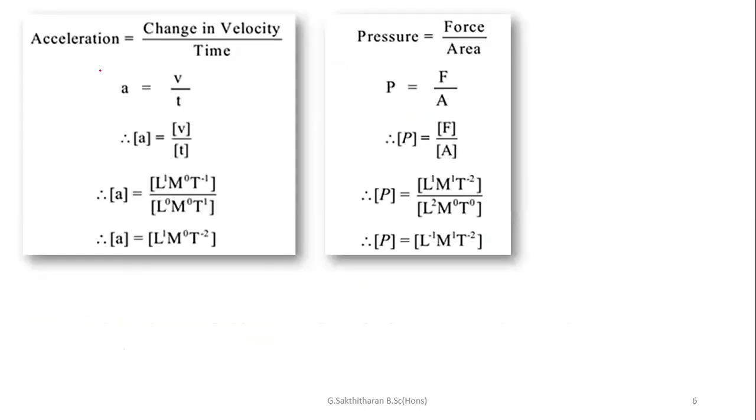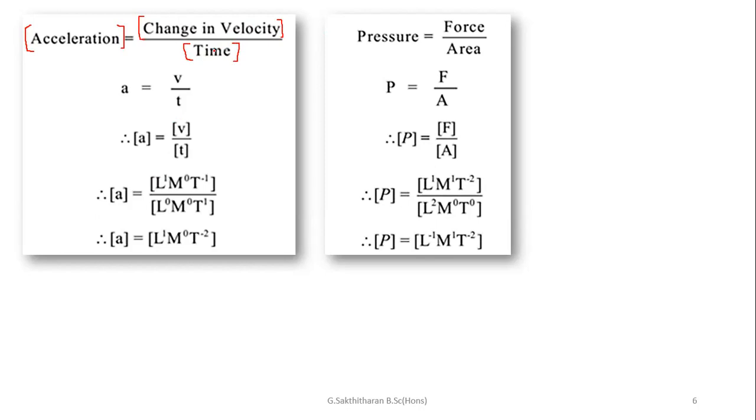Another one, acceleration. Dimension of the acceleration equals the dimension of the change in velocity over the dimension of time. So here the dimension of the velocity is L T minus 1.